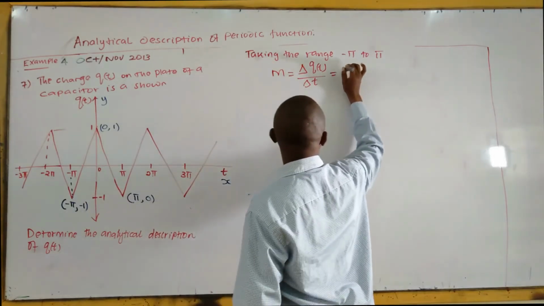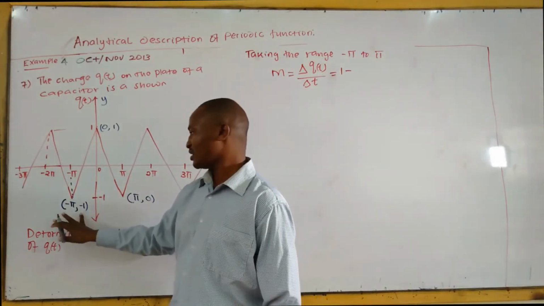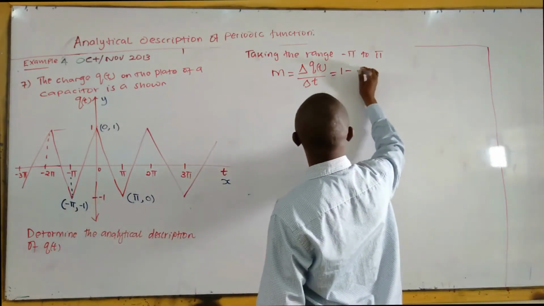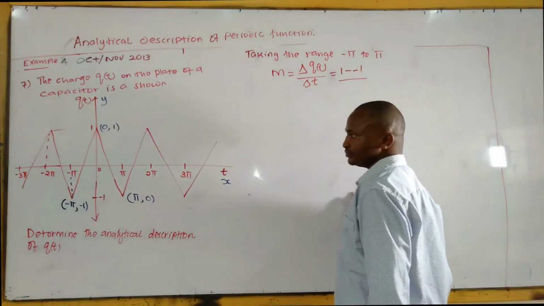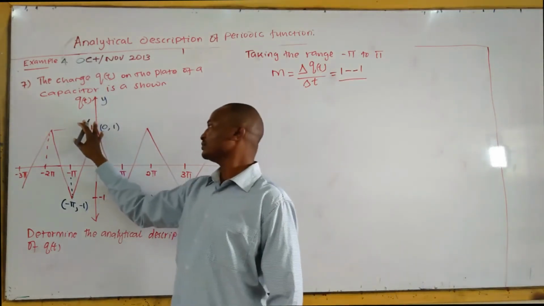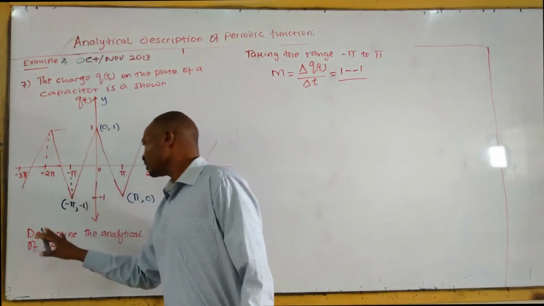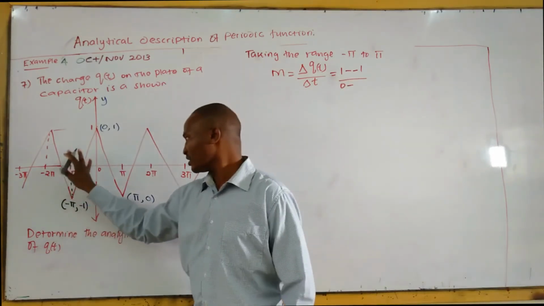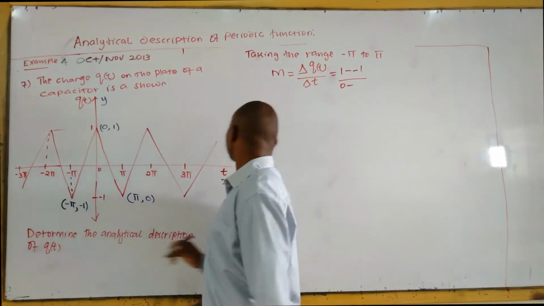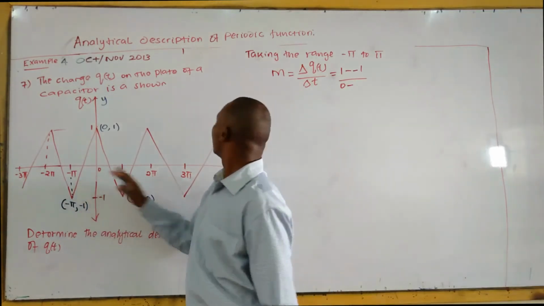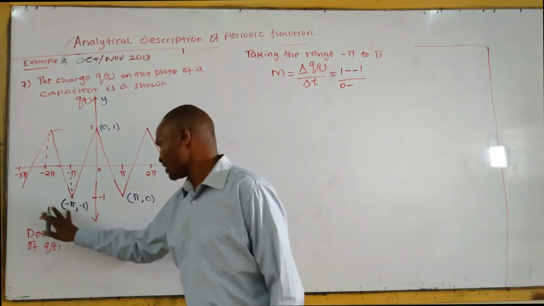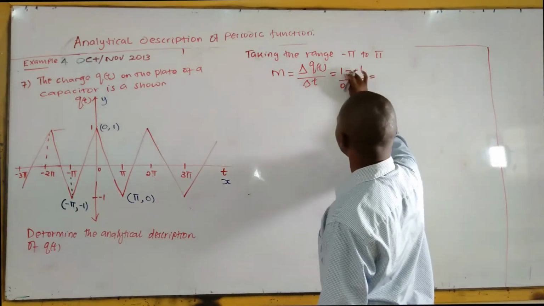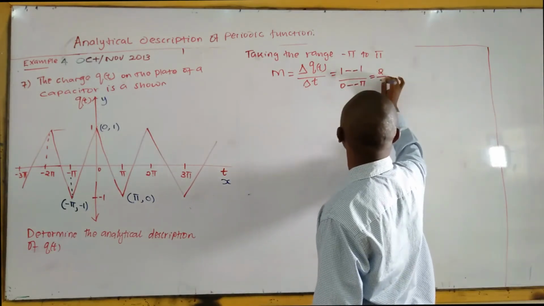The value of Q is 1 minus, here the value of Q is -1, so it is 1 minus -1 all over, here the value of time is 0, minus, here the value of time is -pi, so 0 minus -pi. This is 2 all over pi.